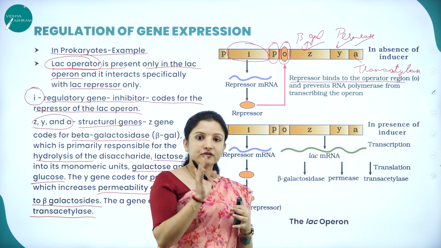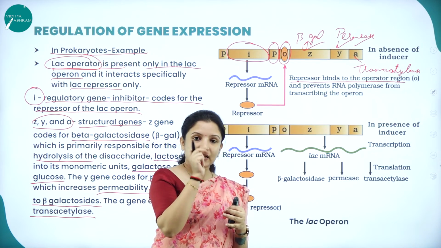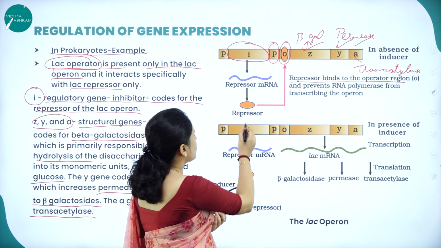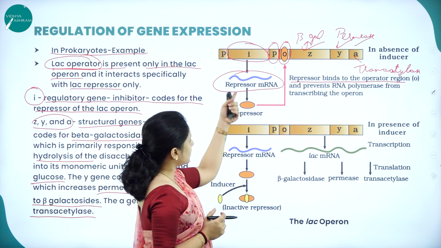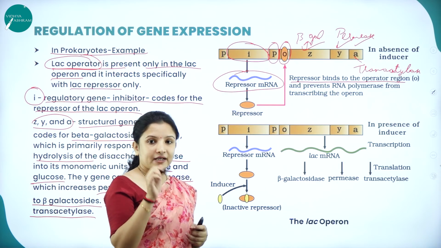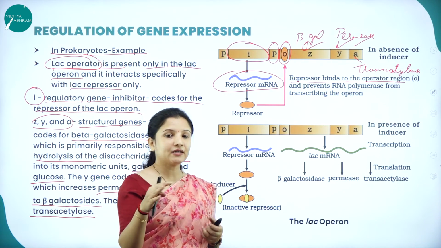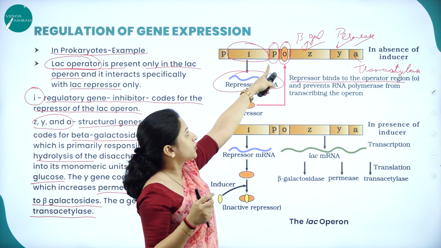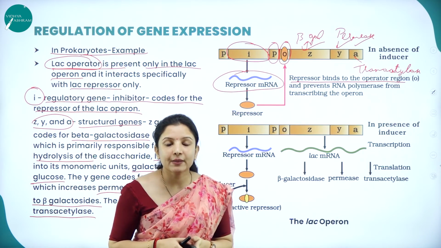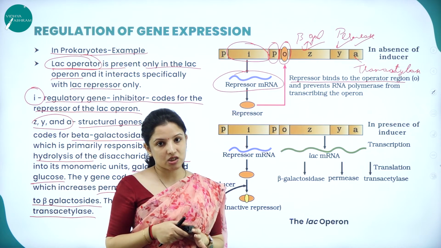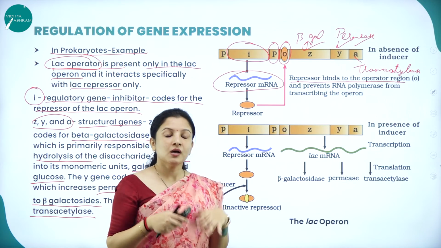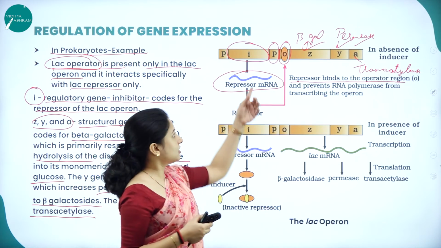If the inducer is not there, a repressor will go and bind in that place. Then it will not allow the RNA polymerase to bind in the promoter.